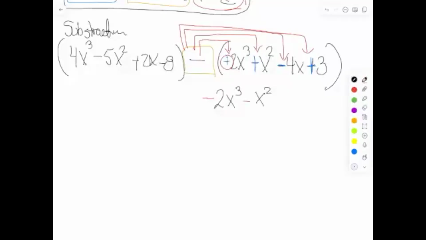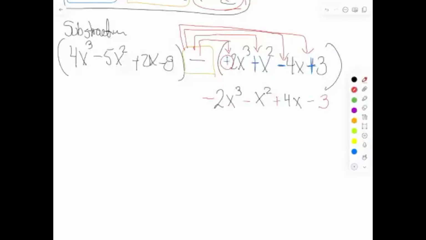And what's going to happen with that 4x? Positive 4x. A negative and a negative is a positive. That's a cool thing about math, right? A negative and a negative become positive. So that's cool. I like that. Positive 4x. A negative and a positive is a negative. Negative 3. All right.